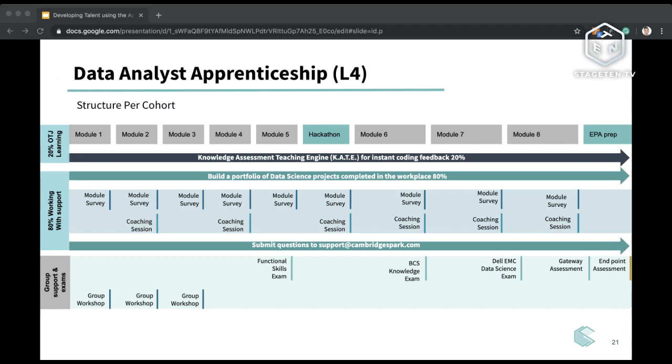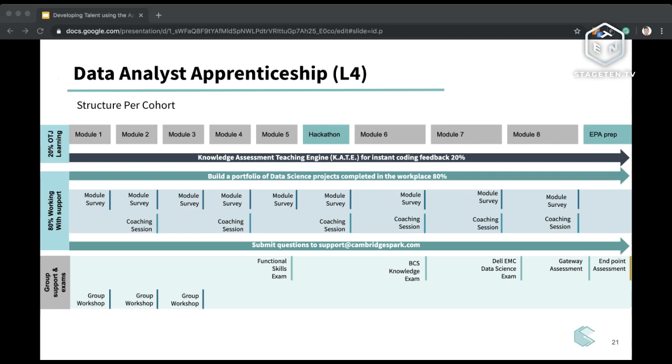For this particular standard, apprentices are also asked to build a portfolio of projects. Now, these are projects they're carrying out in the workplace. They can be anonymized. All the endpoint assessment organization are interested in is how they have put the skills they've learned to the test and implemented them in the workplace. So that's something we will work with your apprentices to put together.